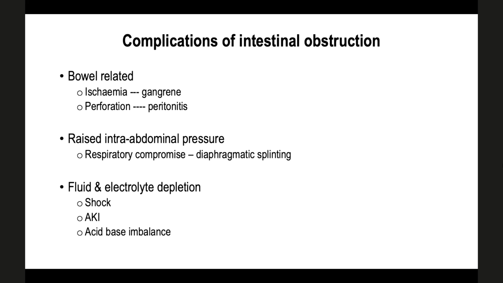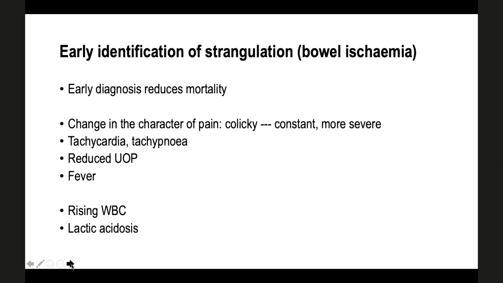They can be related to the bowel itself, they can be related to raised intra-abdominal pressure, and a large amount of them are due to fluid and electrolytes. So basically loss of sodium, potassium, and in some instances hydrogen ion causes these problems. There is especially prolonged vomiting.